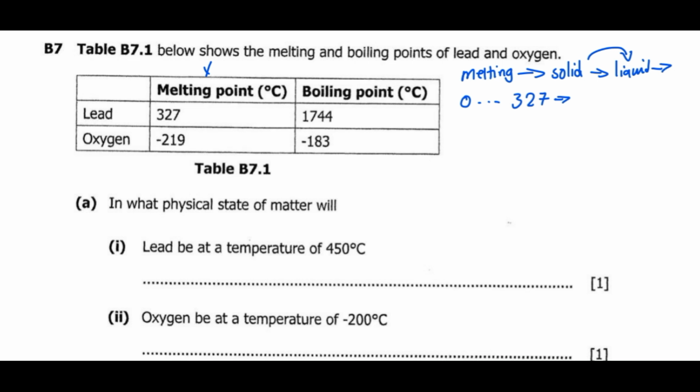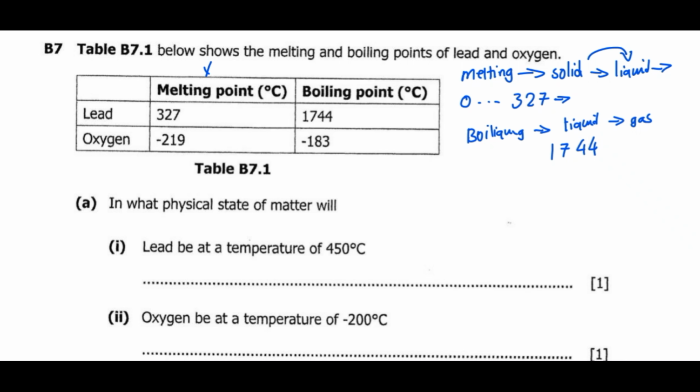For boiling, we'll just consider boiling as the change from liquid to gas for lead. So for it to change from liquid state into gaseous state, the temperature must reach 1744.